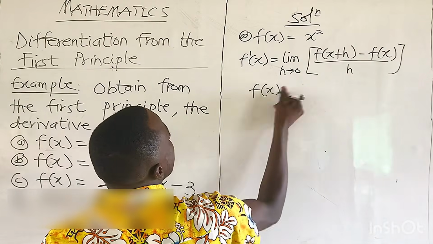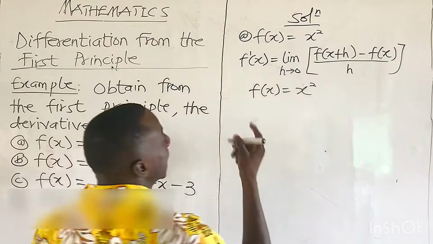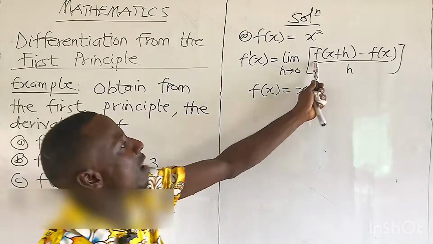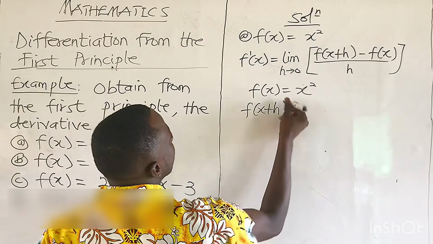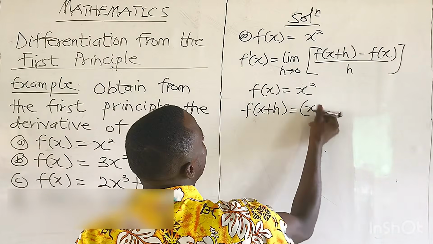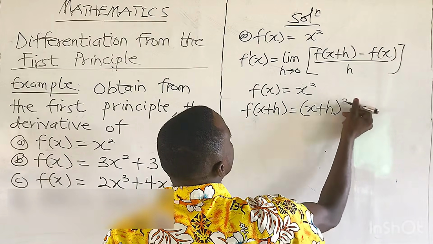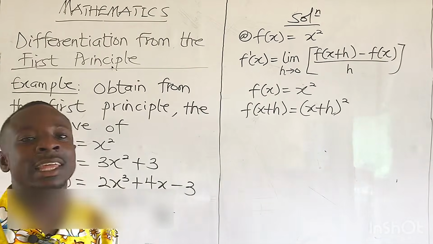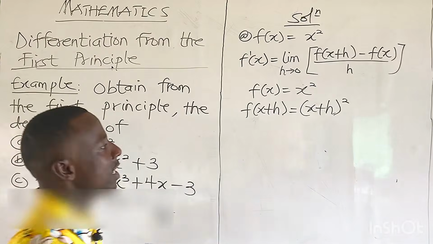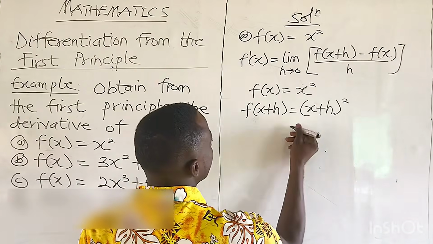We have f of x to be x squared. In that case, f of x plus h is going to be x plus h all squared. This means that wherever we see x, we are going to attach h to it. Now we need to expand this.